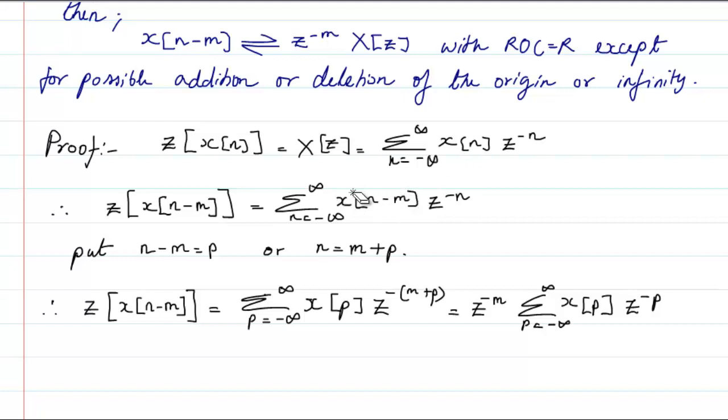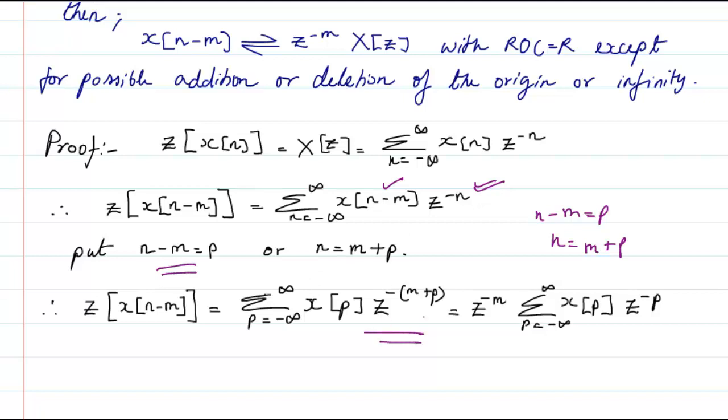Now this n minus m I am going to substitute with p. Instead of n minus m I will put p. Now instead of n, n minus m is equal to p means n will be equal to m plus p. So instead of this n I will put m plus p, and that is exactly what we did here.